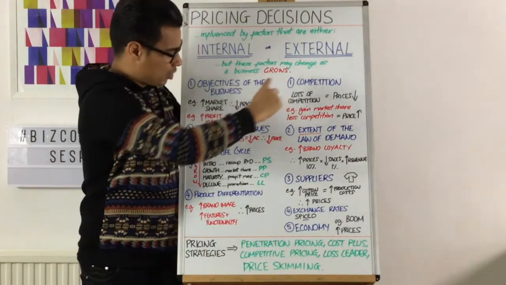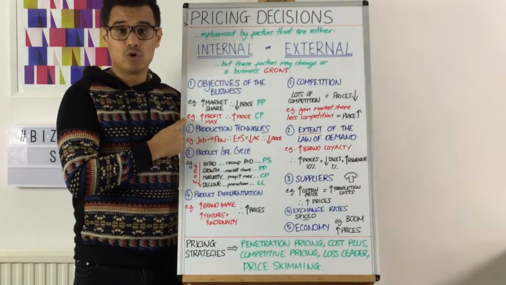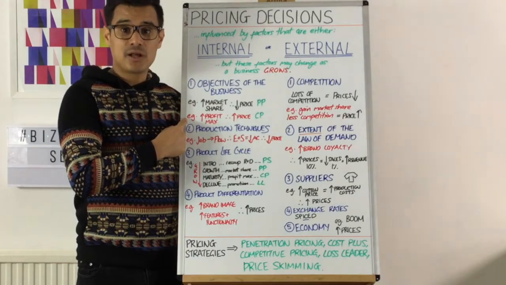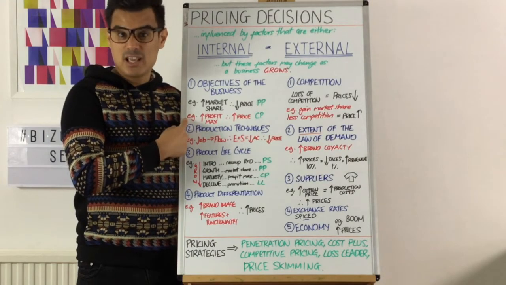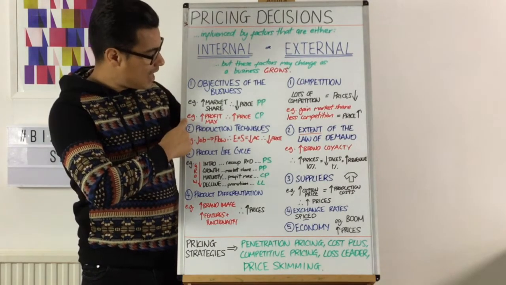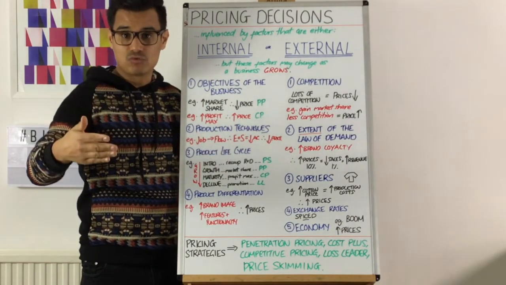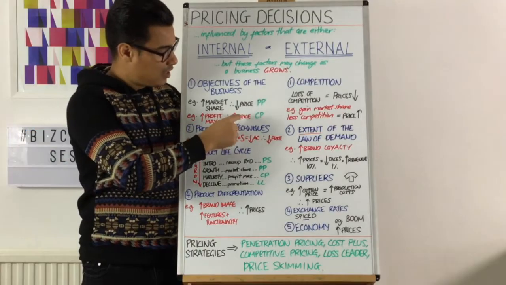As the business grows, you might change your objectives from increasing market share to profit maximization, increasing profit. And in that case, you might want to adjust your price because that will affect your revenue and therefore your profit accordingly.